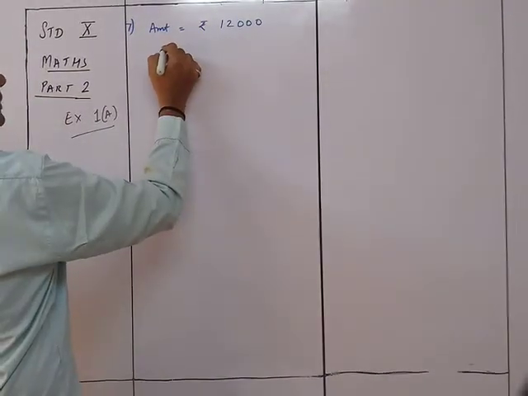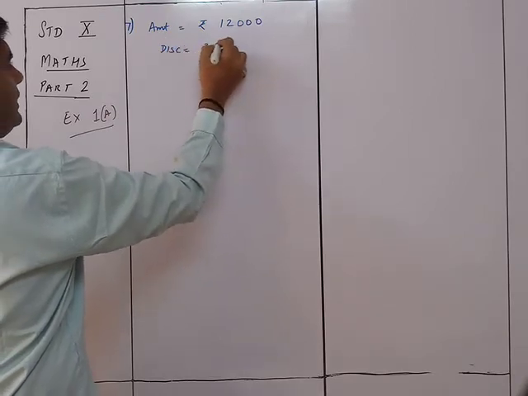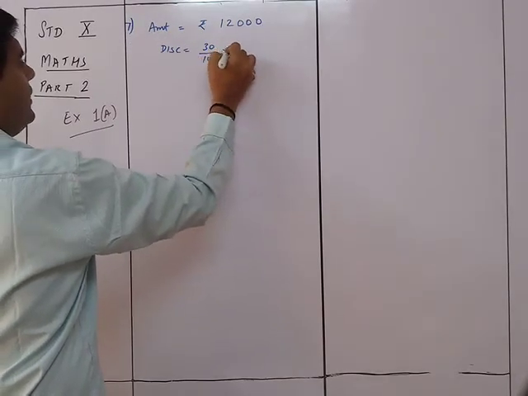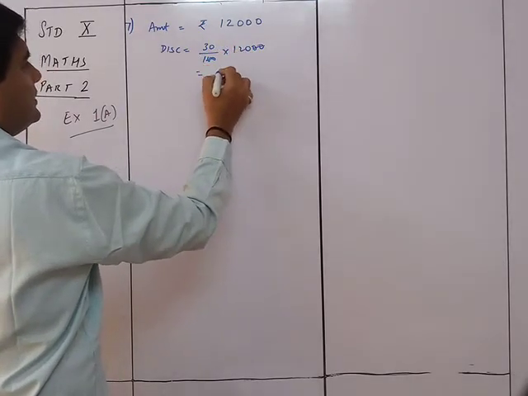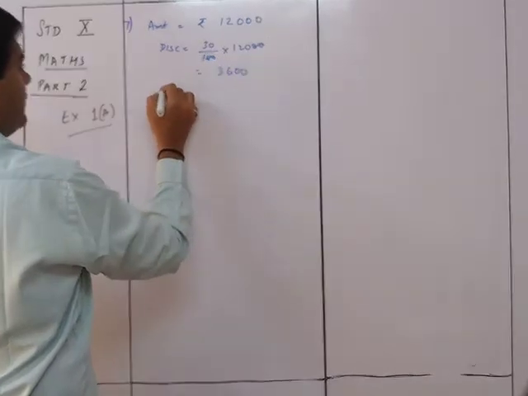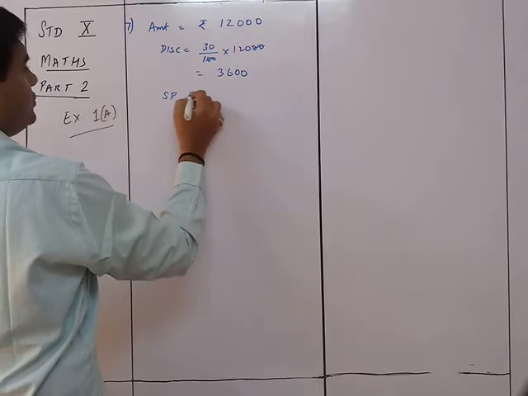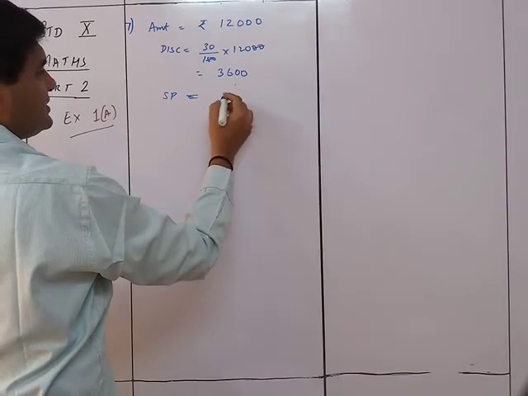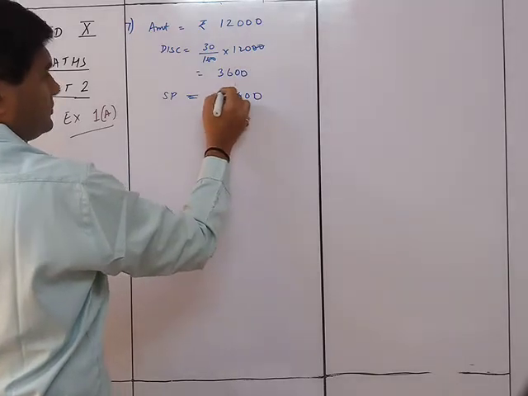So discount is equal to 30 upon 100 into 12000. That gives me 3600. Therefore SP is equal to this minus this. So accordingly it will be 8,400 rupees.